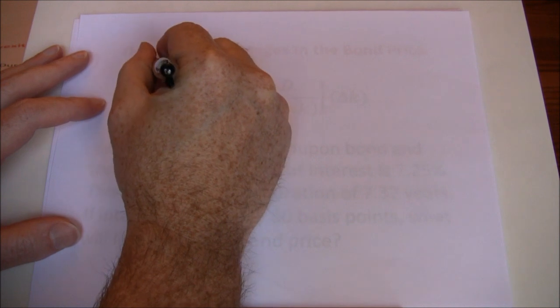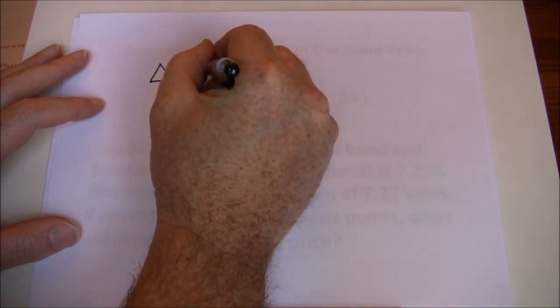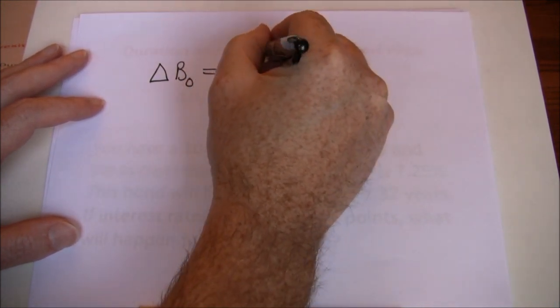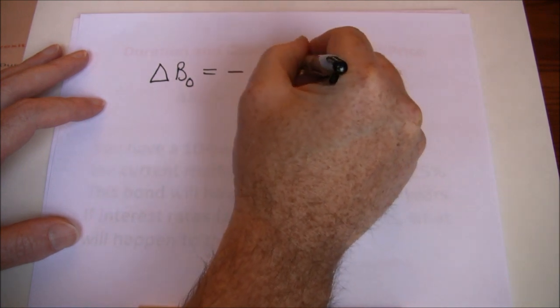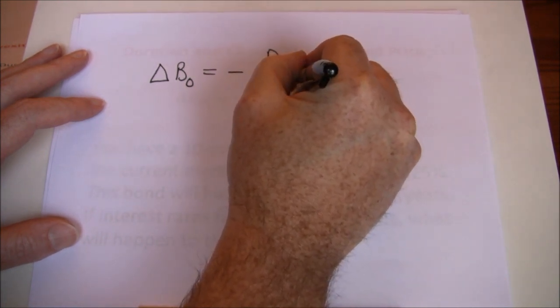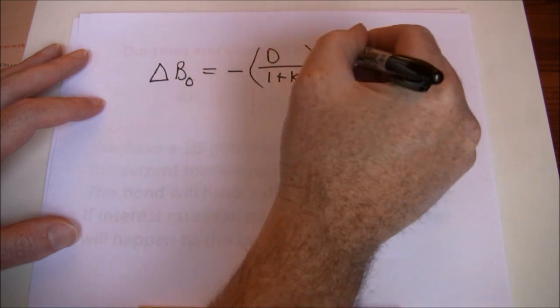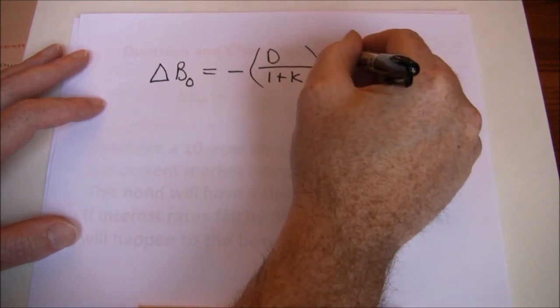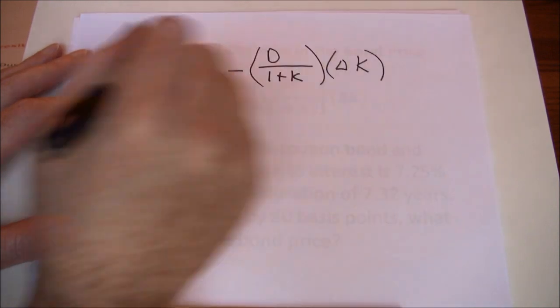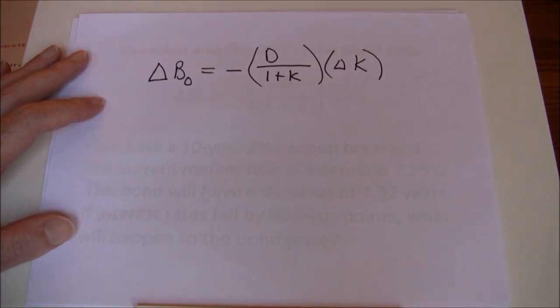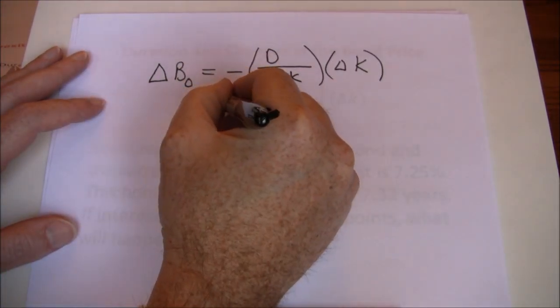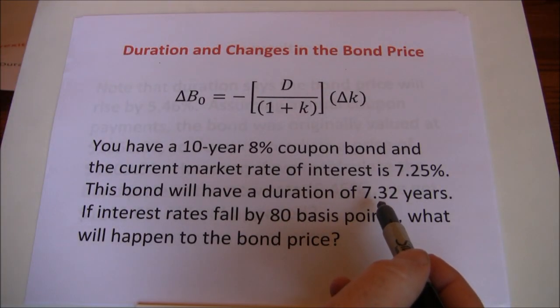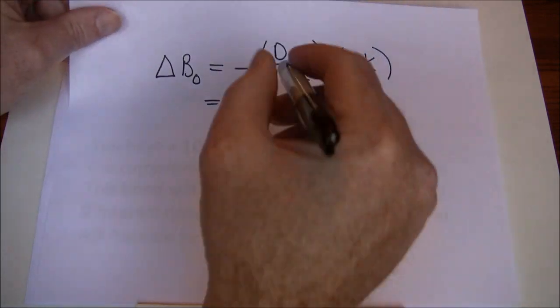Go ahead and rewrite the formula up here. The change in the bond price is equal to negative duration divided by 1 plus the market rate of interest times the change in the market rate of interest. Now we just want to plug in our values. In our example, our duration is 7.32 years.